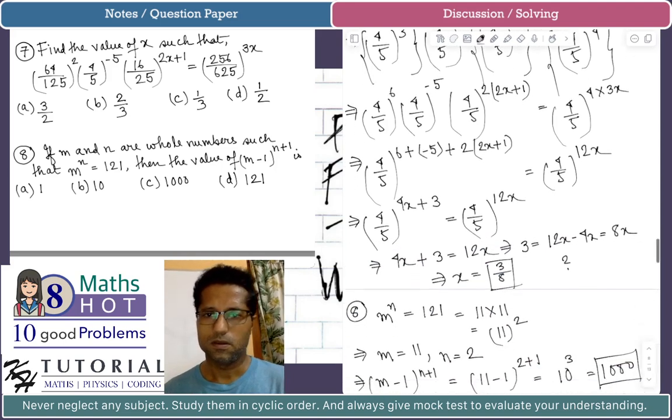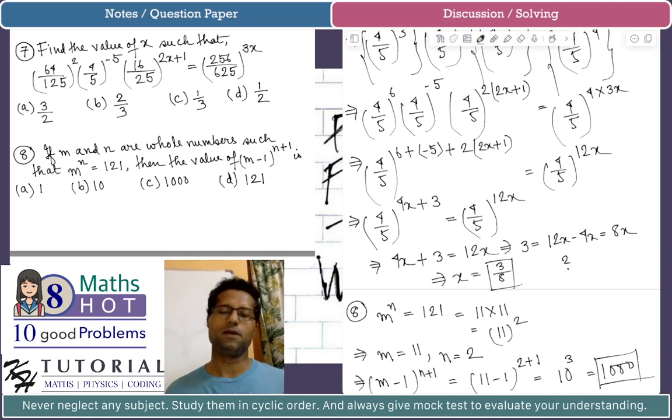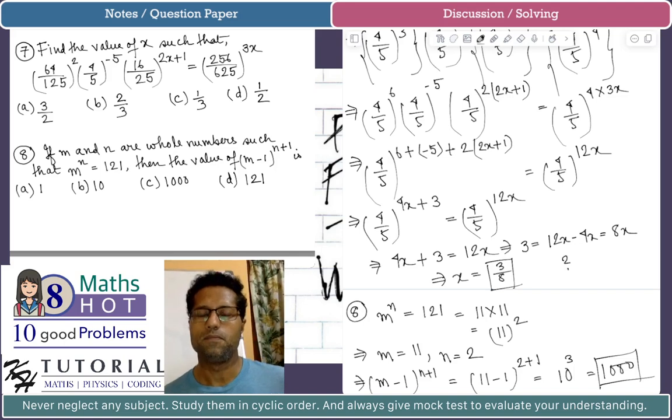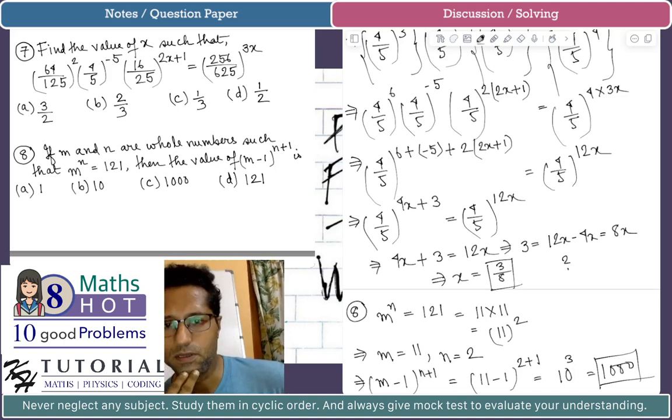Now on the left hand side, the power becomes 6 plus minus 5 plus 2 into 2x plus 1. That makes it 6 minus 5, which is 1, plus 2 into 2x plus 1, which becomes 4x plus 3. So we have 4 by 5 raised to the power 4x plus 3 equals 4 by 5 raised to the power 12x.